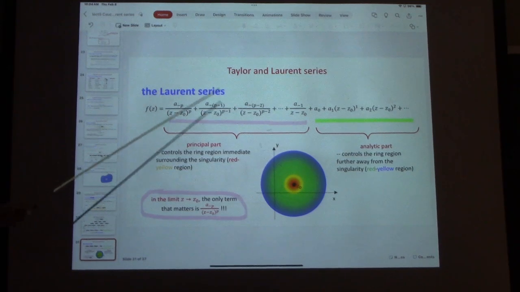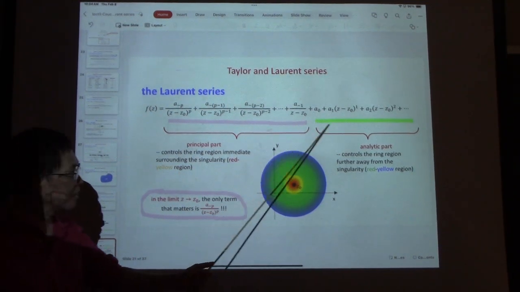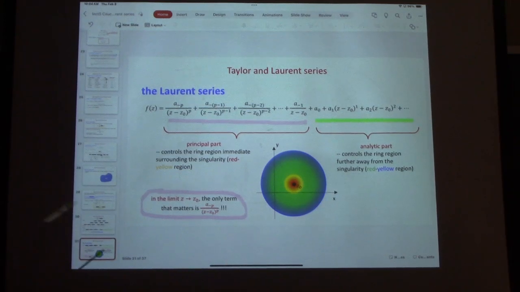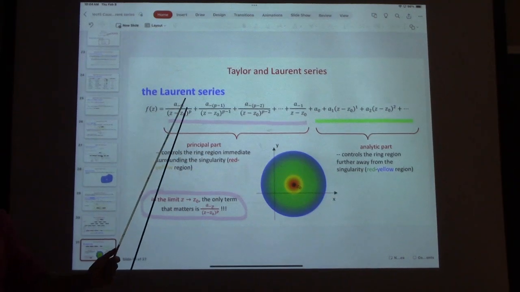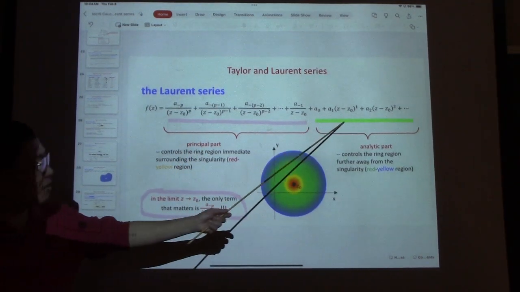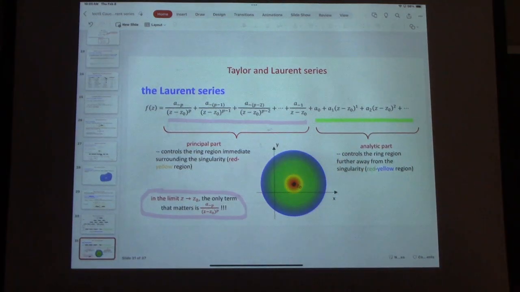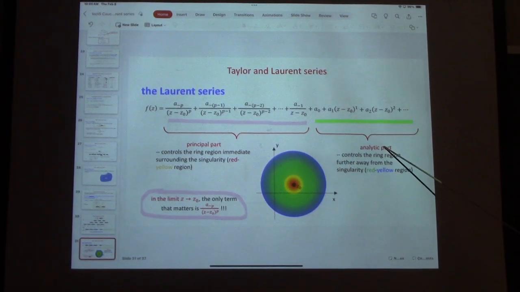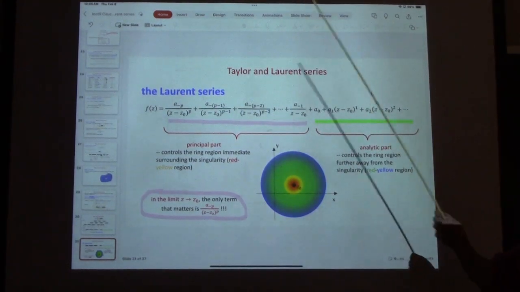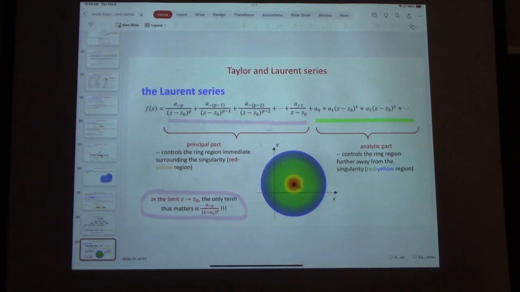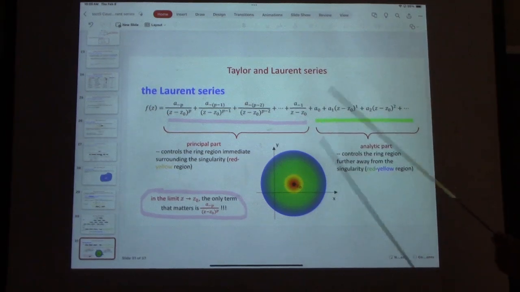All right, so let me rewrite this again. We have these pink terms, we have these green terms, and then we call those pink terms the principal part of the Laurent series. These green terms, the analytic part. Okay? And this name is pretty obvious, because if you throw all these pink parts away, you got something like this, which is exactly a Taylor series, which is analytic, because every single term in this green part is analytic.